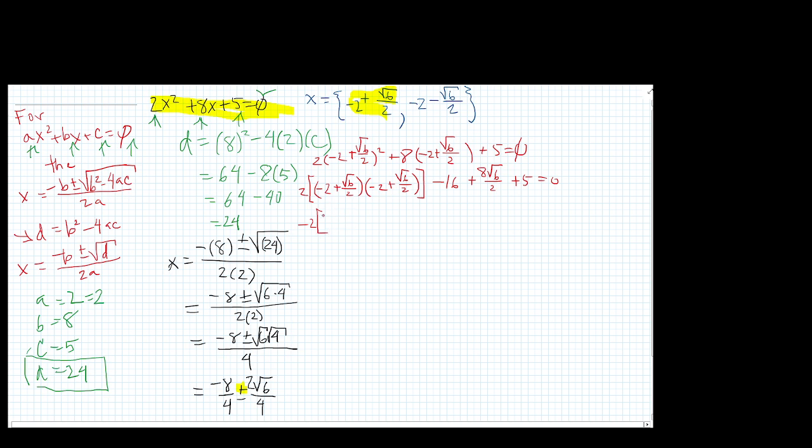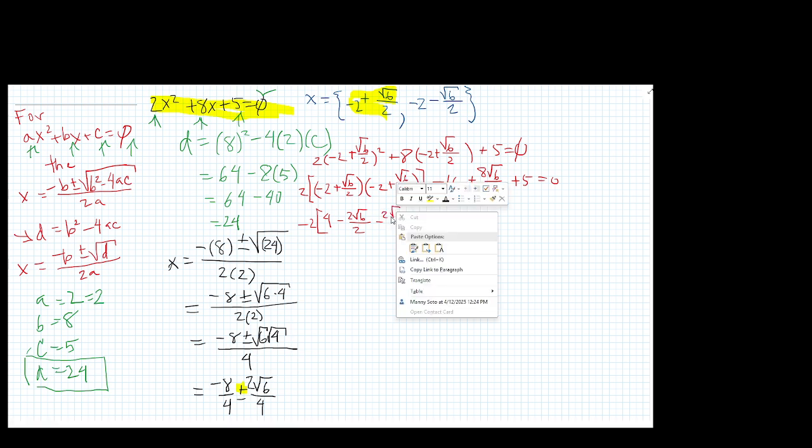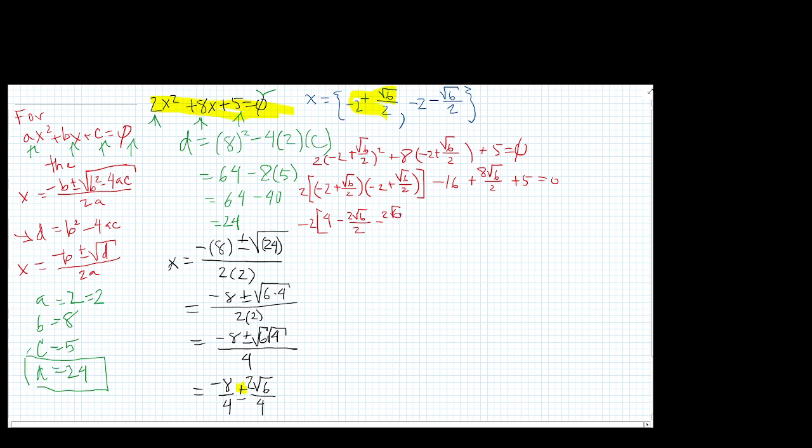So let's do it. Now we retain our brackets, and negative 2 times negative 2 is 4, minus 2 square root of 6 over 2, minus 2 square root of 6 over 2, plus square root of 6 times square root of 6 is just 6, and 2 times 2 is 4.